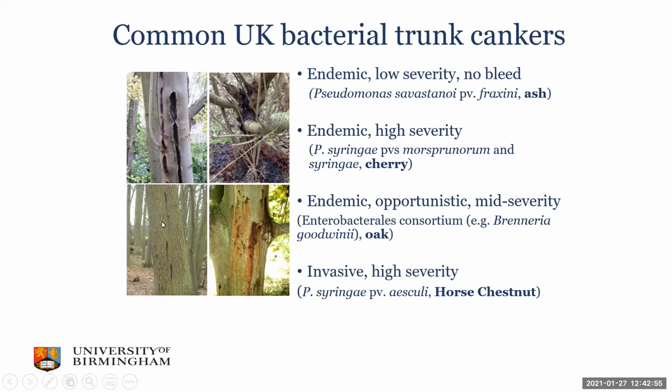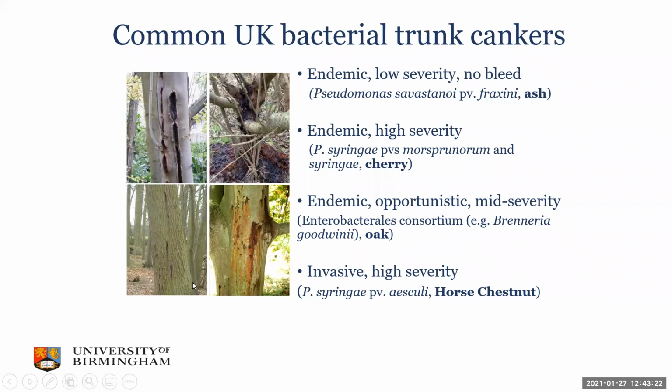Also, mature oak trees are vulnerable to bacterial diseases, and the disease is characterized by stem bleeds from vertical cracks on the trunk and inner bark necrosis that is caused by a polybacterial consortium in which Brenneria goodwinii plays an important role. Also, bleeding canker is a disease of European horse chestnut trees in the UK.